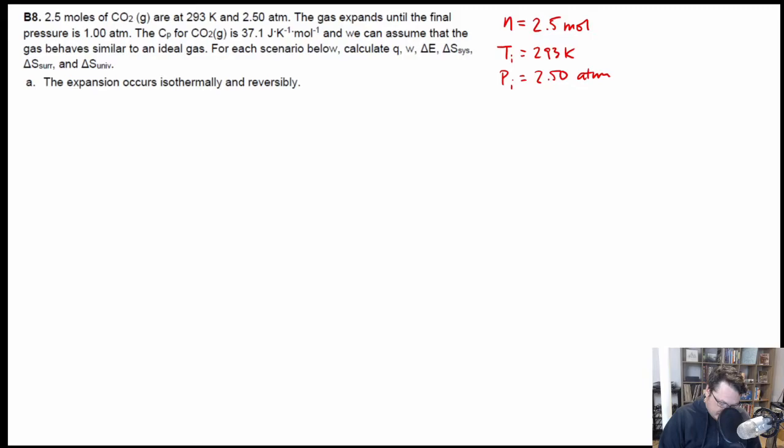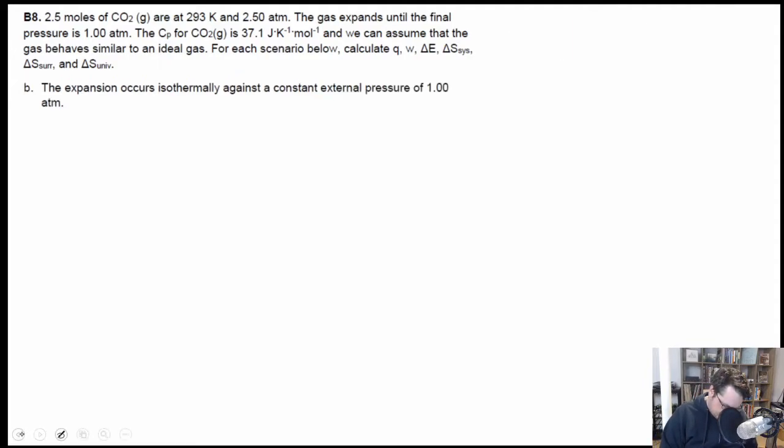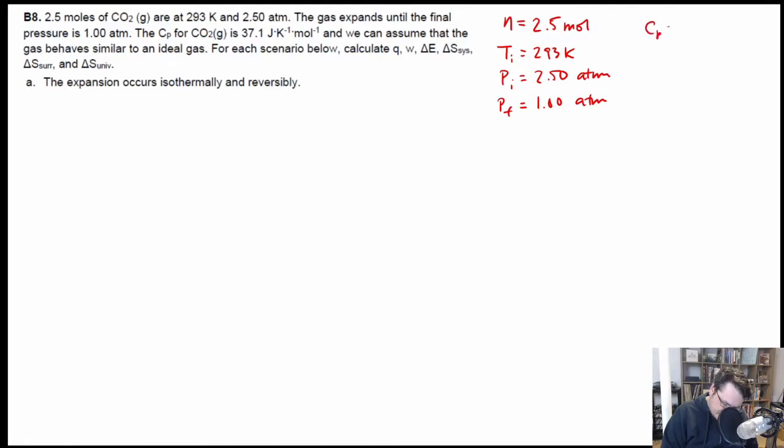We expand it until we're at a final pressure of 100 atmospheres. It also gives us the CP value in this case. So CP is equal to 37.1 joules per Kelvin mole. And we can assume that the gas behaves ideally.